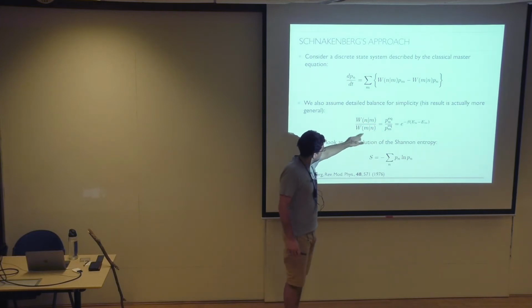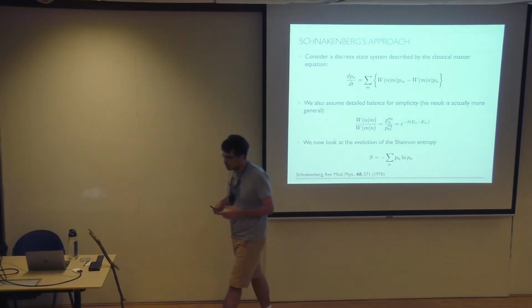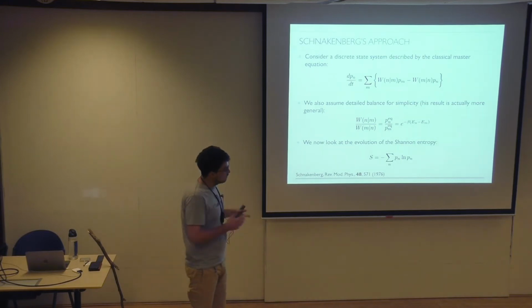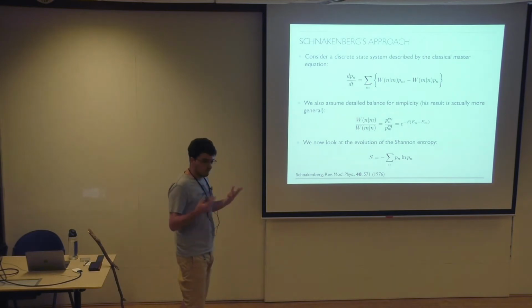So they're essentially related: the transition rates of going from one state to the other and backwards are related to the equilibrium probabilities. This happens quite often in most physical systems, and I'll assume this just for the sake of the argument here.